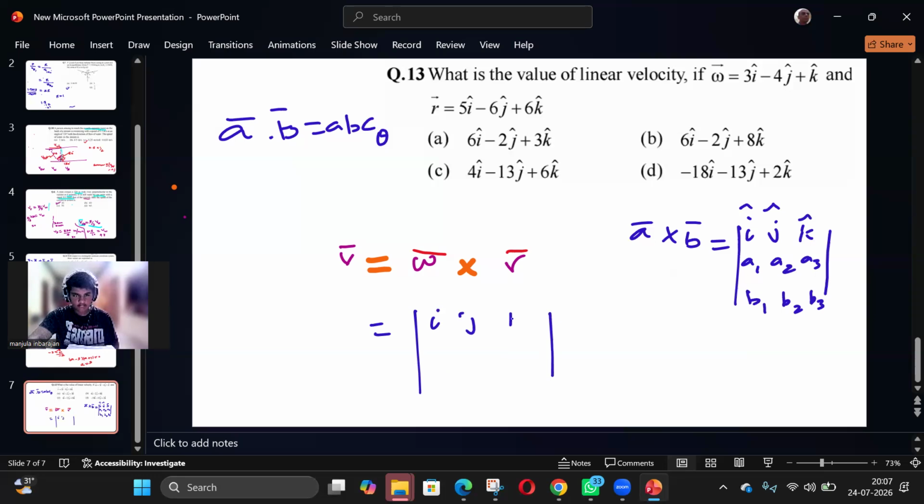I, J, K, omega is 3, minus 4, 1, R is 5, minus 6, 6. This you know how to expand, right? Determinant.